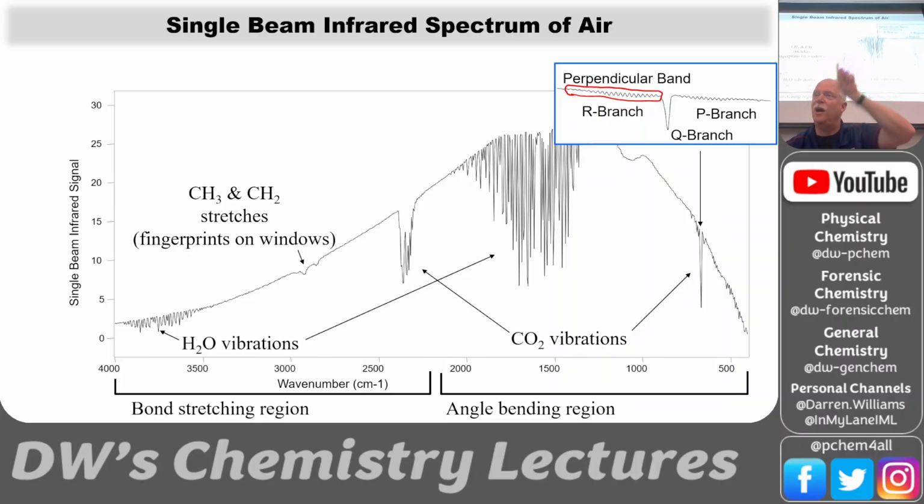Kind of like our particle in a box when we had all those hot bands. These are the hot bands of rotation. And we have those at room temperature because the energy levels are so close together. So we have lots of hot bands in rotation. And we have R branch and P branch and Q branch, and I'm about to explain what those mean, okay? But we have all of these little rotational levels.